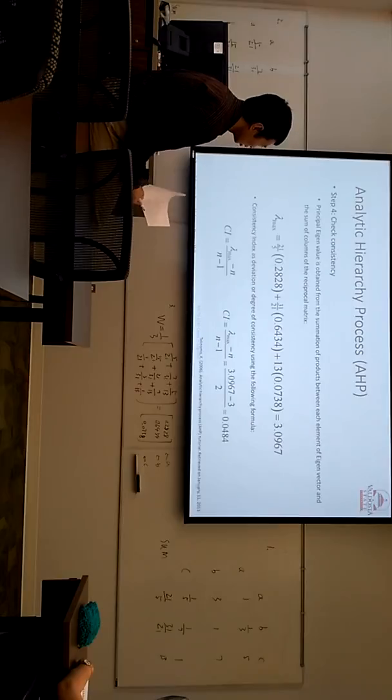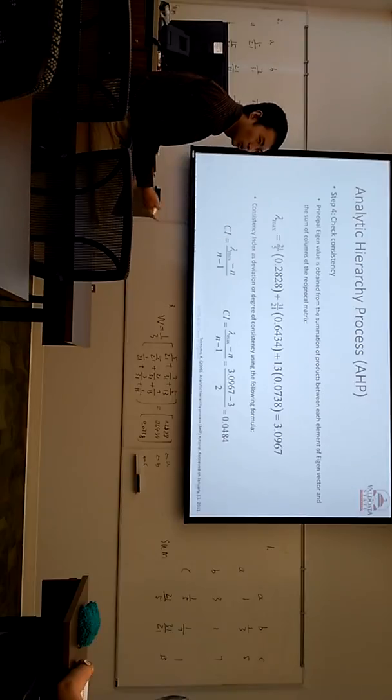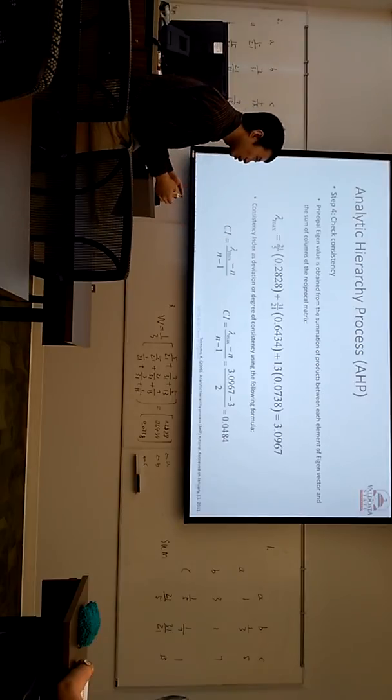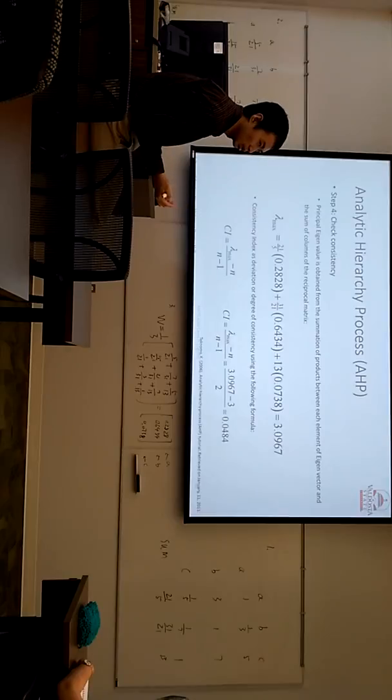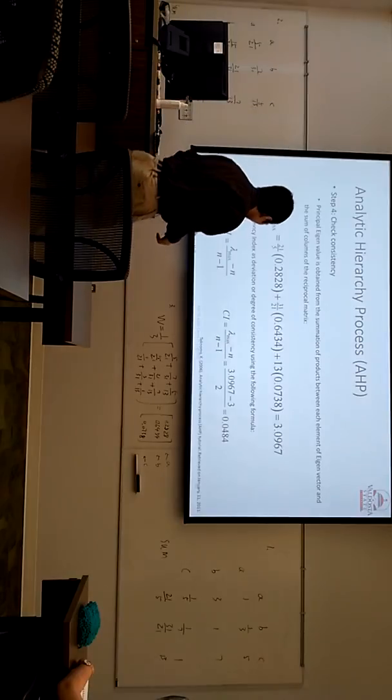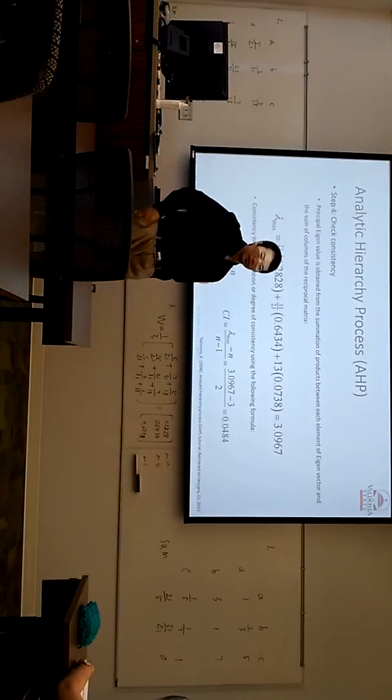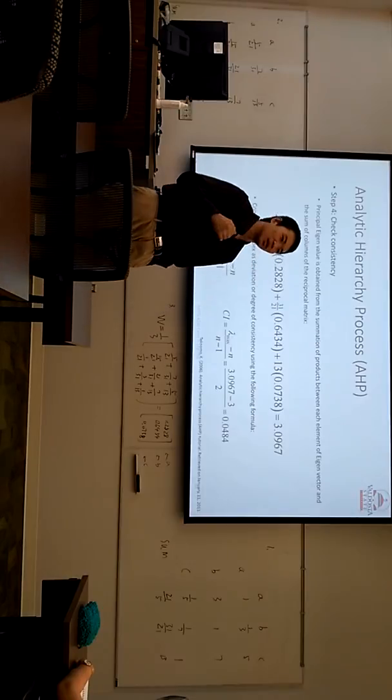But the problem is sometimes, if we only have three criteria or three fruits, it is unlikely to make any mistake. But if we have more criteria, we may have some inconsistency.